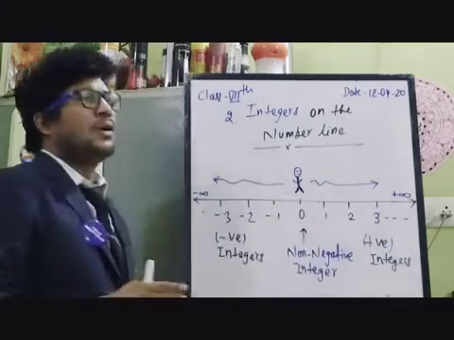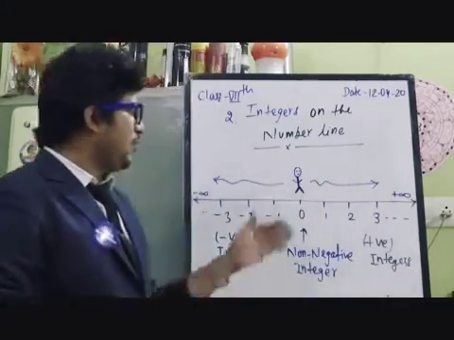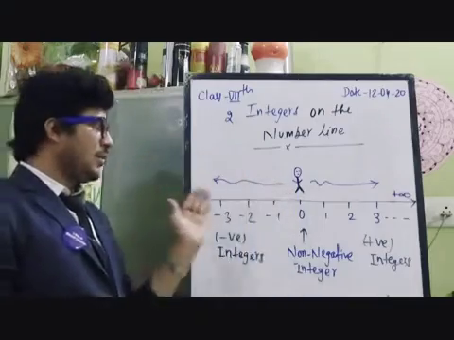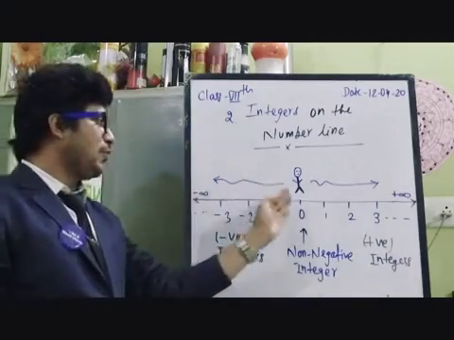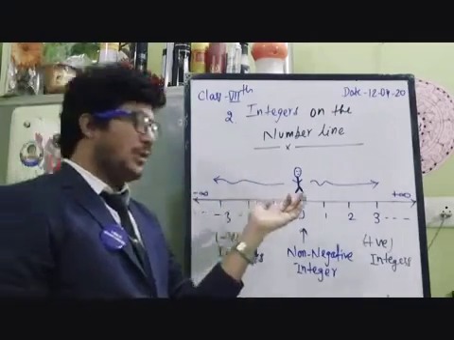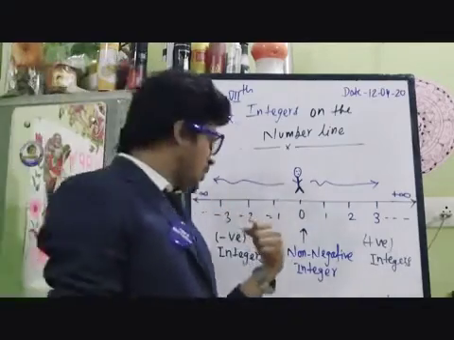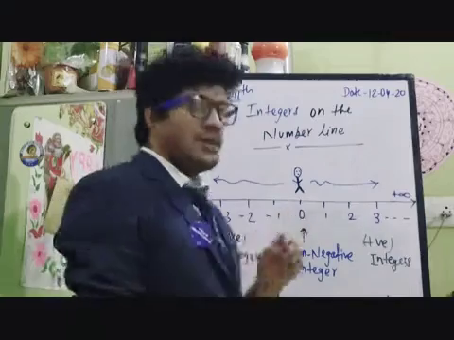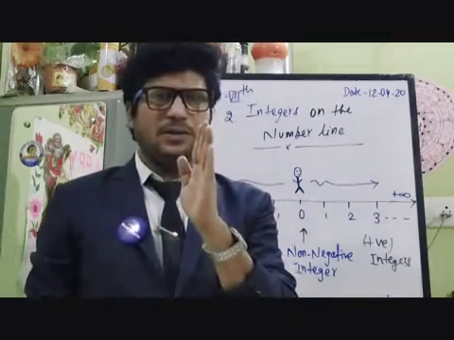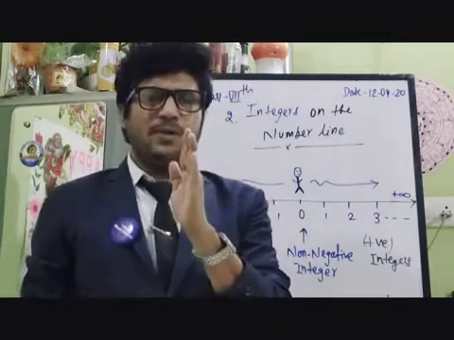If your home is here and you go back, it is -1, -2, -3. That is the reason 0 is in the middle of the number line.